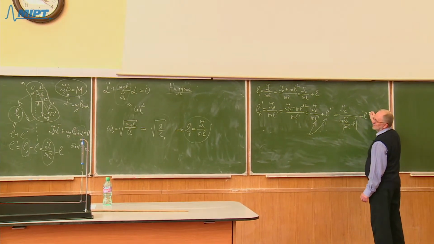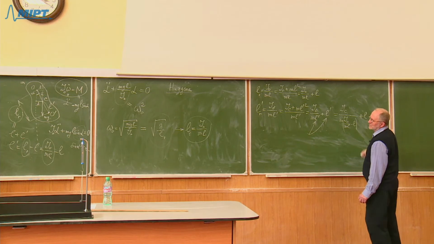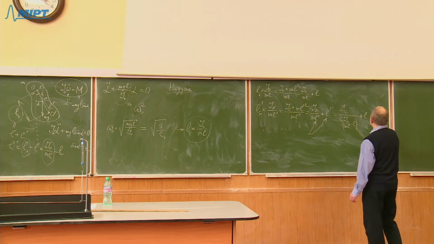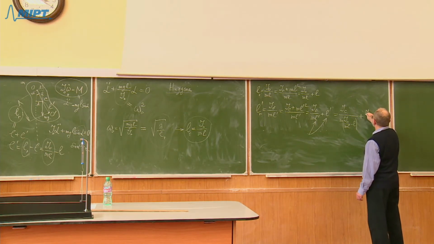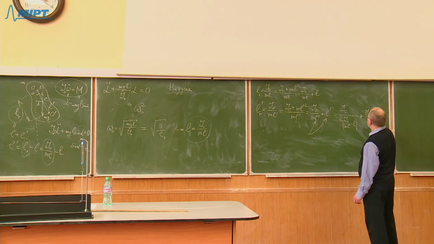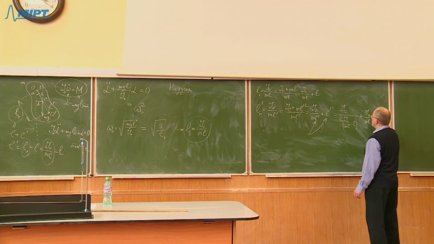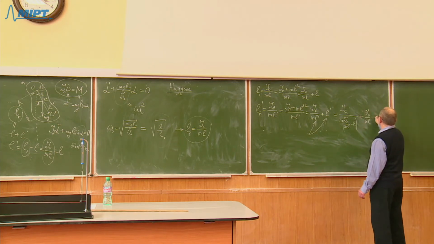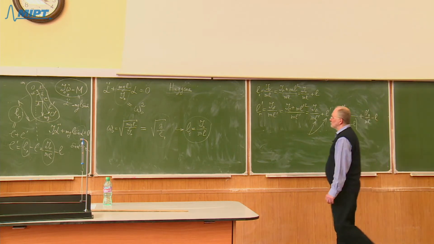L prime is I0 divided by ML minus L. Is that true?